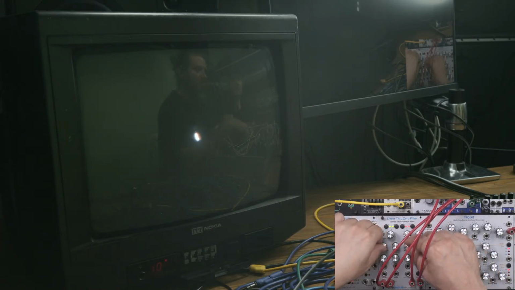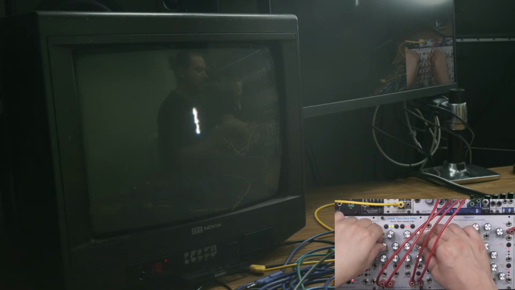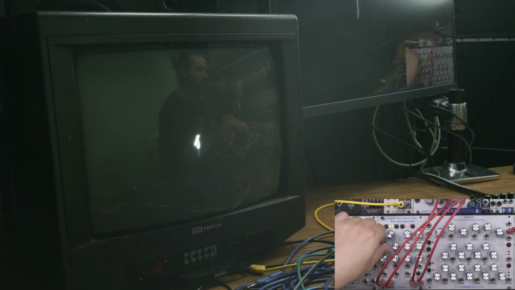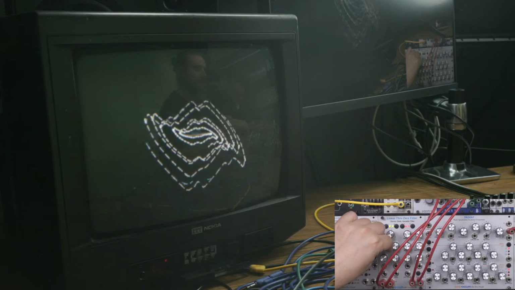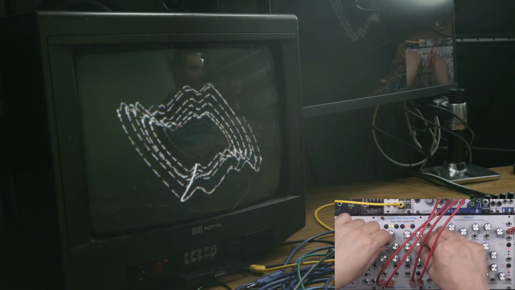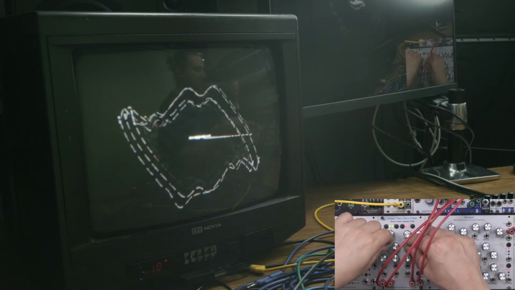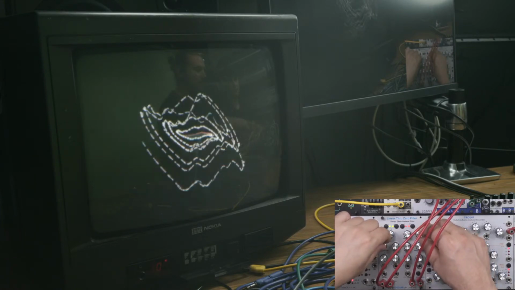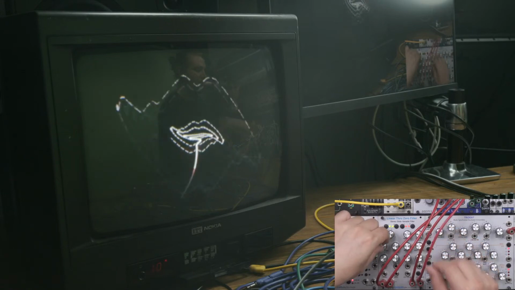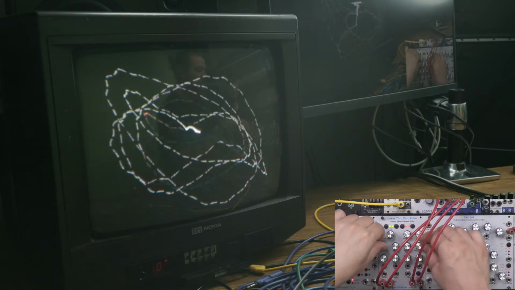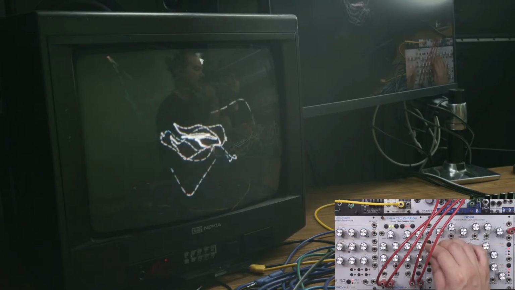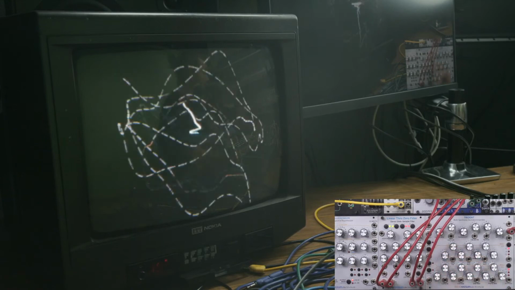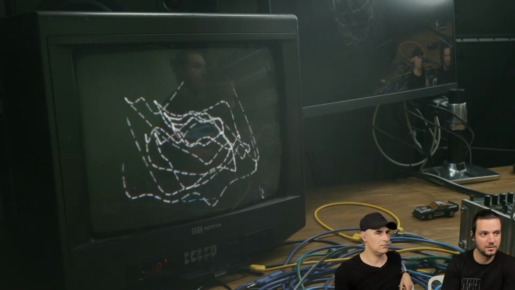Yeah, now I try to add some modulation to the thing with the internal modulation oscillator. Right now the frequency of the oscillator that I just introduced is not related.